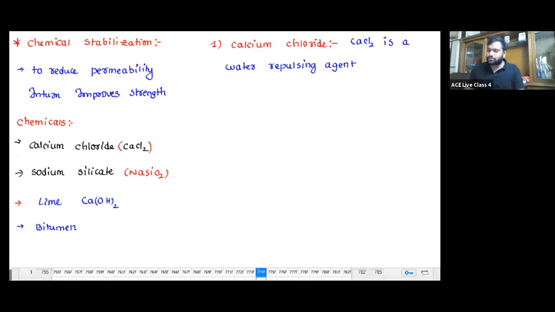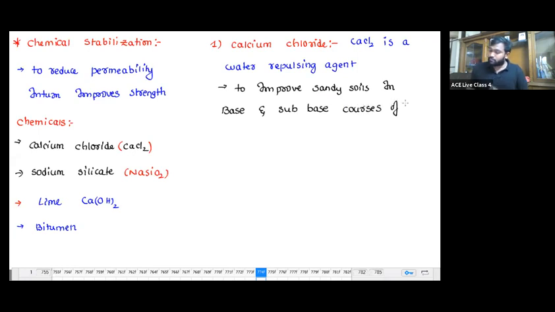So CaCl2 is a water repulsing agent, and it is used to improve sandy soils in base and sub-base courses of pavement.